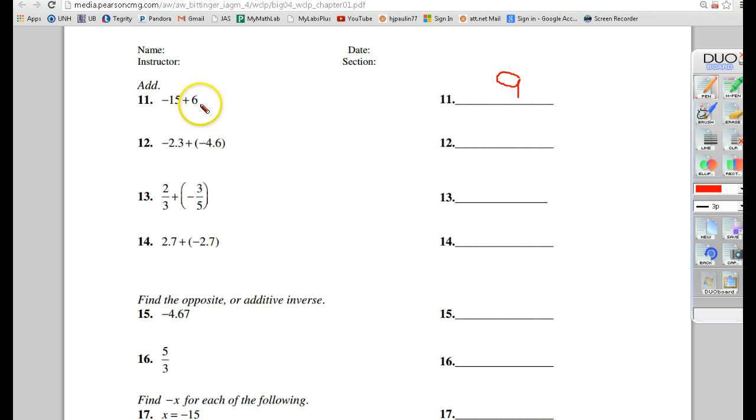Then apply the sign of the larger absolute value, and in this case, it will be negative. Now here, since they're both the same sign, we know the answer is going to be negative, and we just add them up. So that will be 6.9.